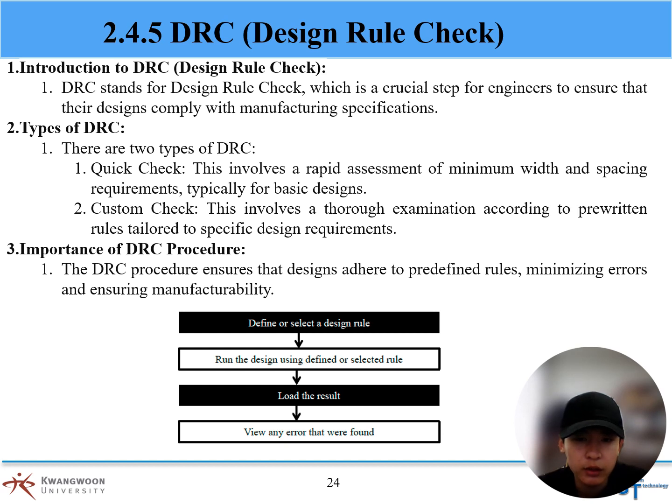The quick check involves the rapid assessment of minimum width and spacing requirements, typically for basic designs. The custom check involves a thorough examination according to pre-written rules tailored to specific design requirements. The DRC procedure ensures that designs adhere to predefined rules, minimizing errors and ensuring manufacturability.